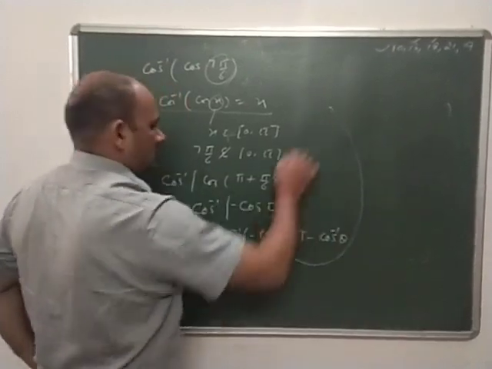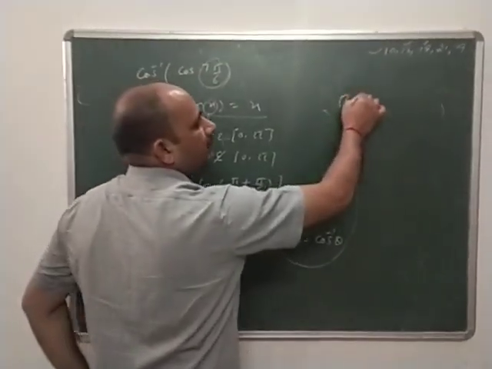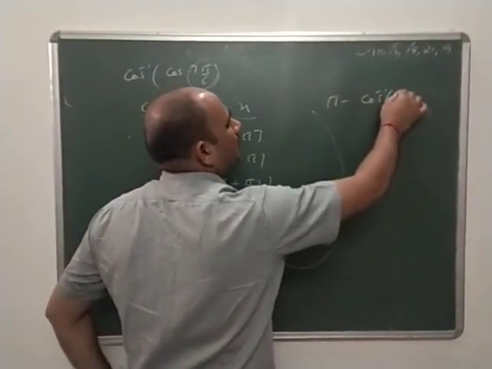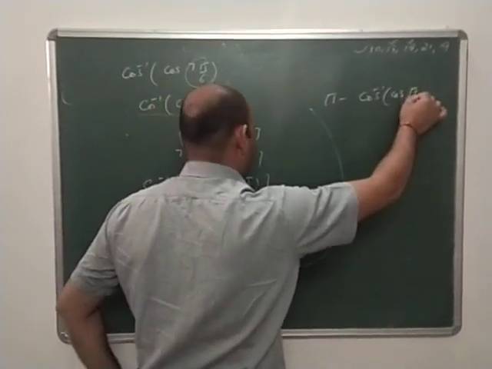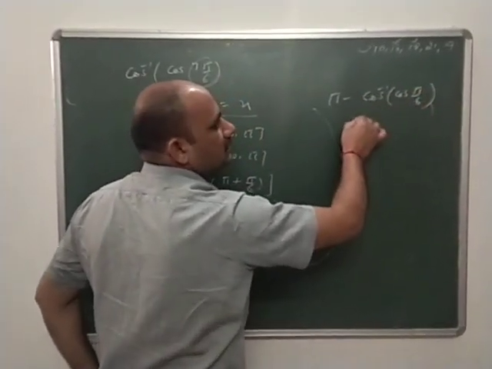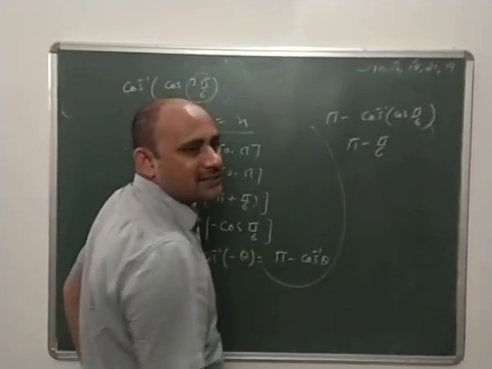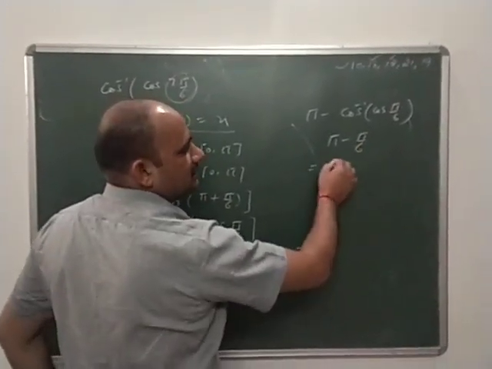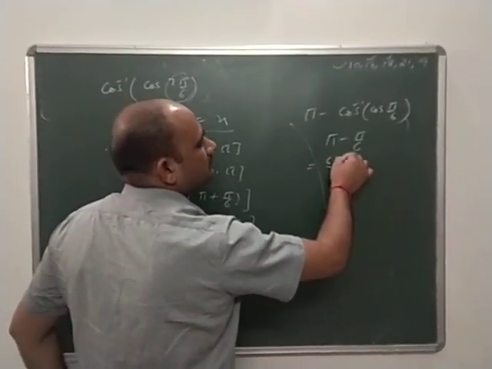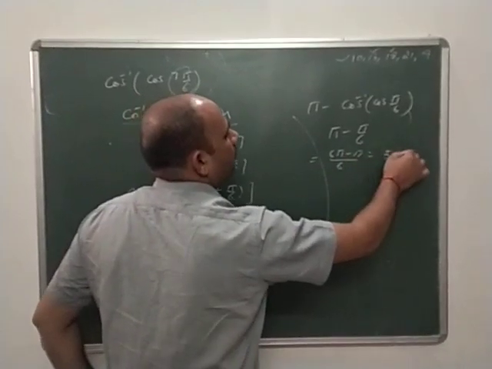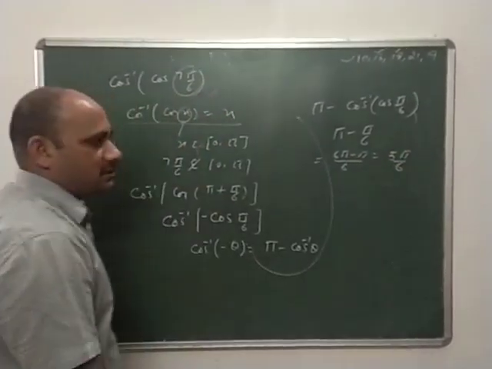So we will write pi minus cos inverse cos pi by 6. Cos inverse cos cancels. Pi minus pi by 6, 6 is the LCM. Then we have 5 pi by 6.